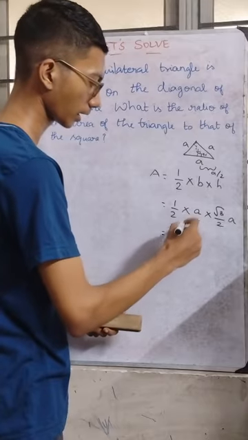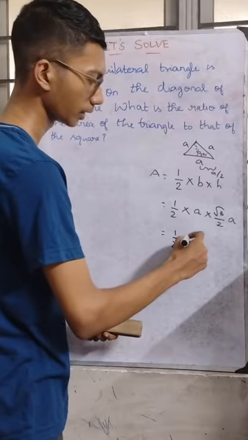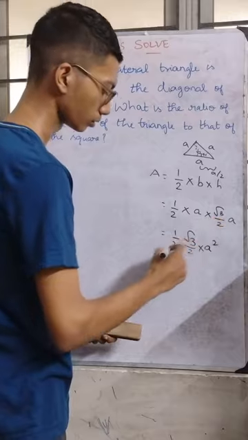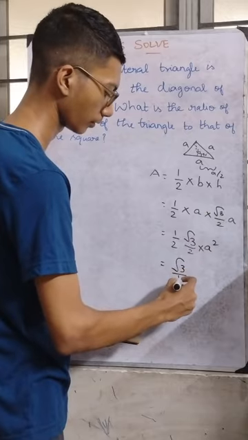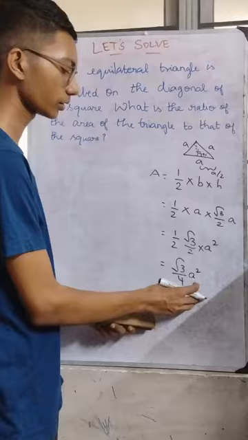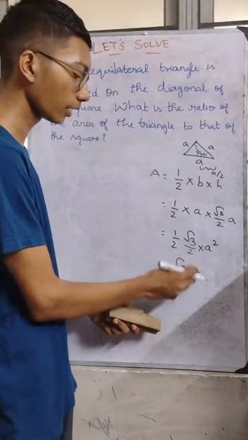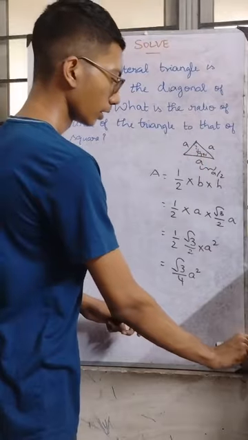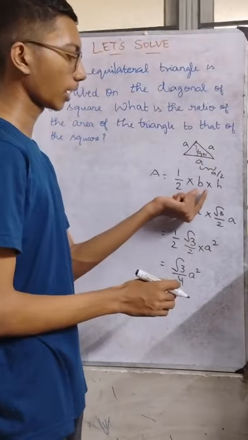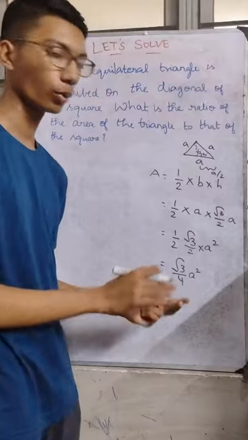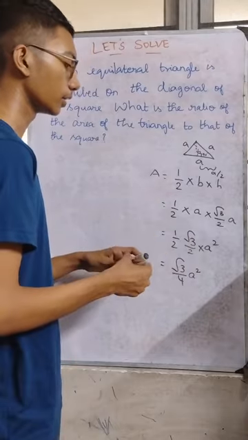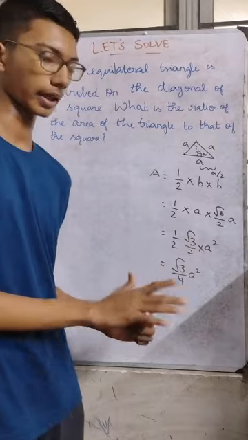So we can write half into root 3 by 2 into A square. The final answer is root 3 by 4 A square. This is the area of an equilateral triangle from its side length alone. With the earlier formula we need base and height, but with this formula we only need the length of a side. So this is the area of an equilateral triangle.